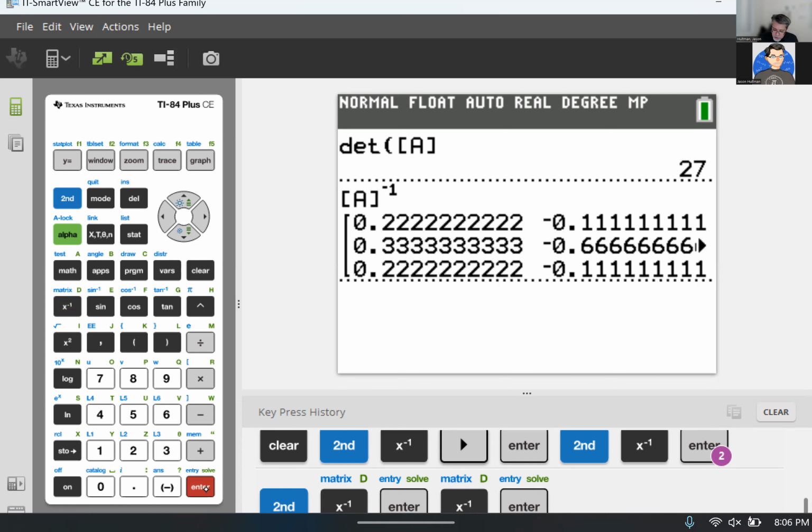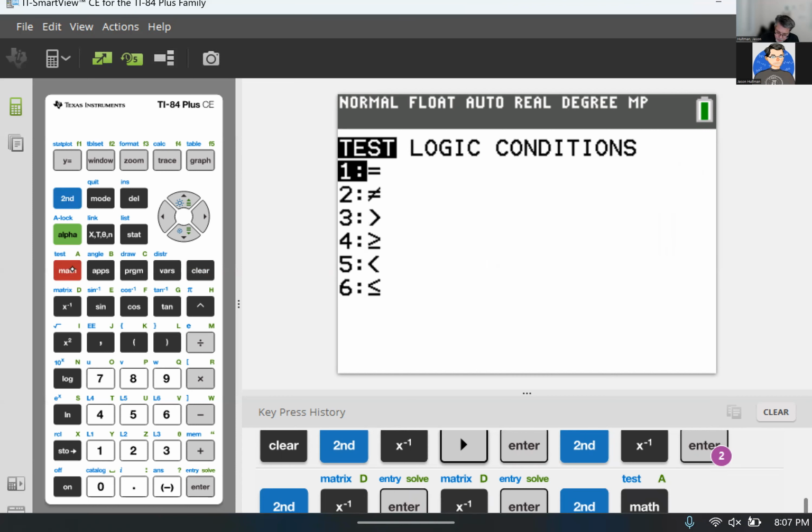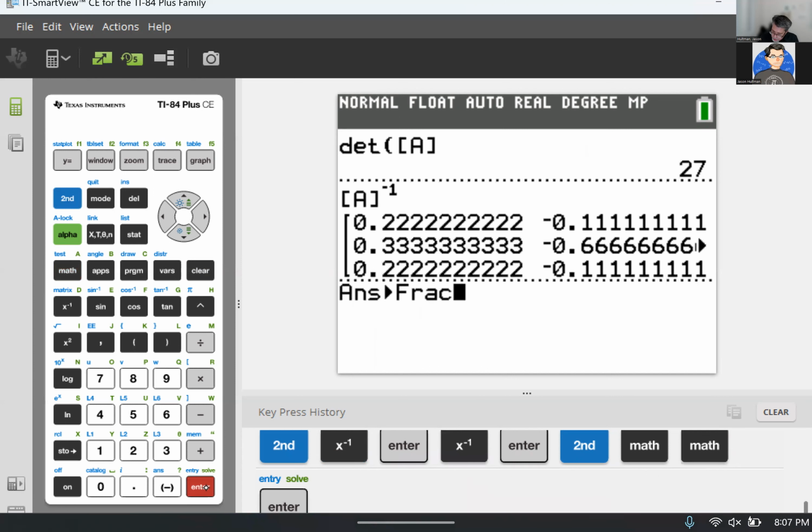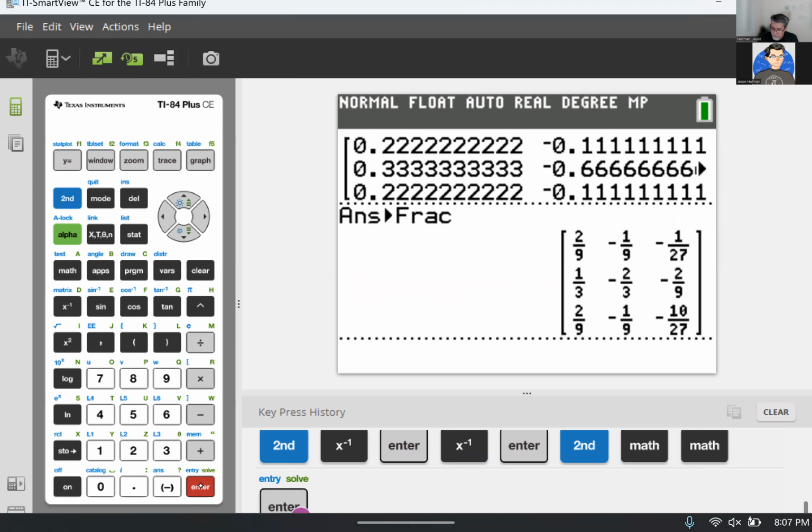To change those from decimals to fractions, I hit the math button, and then it says to fraction. I choose answer to fraction, and it comes out with my fraction answer, which is real nice. That verifies what we got before.